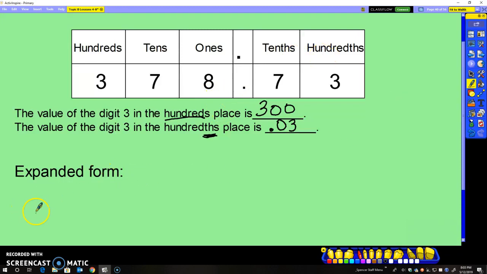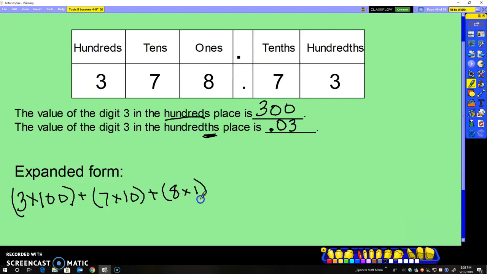We can see that with our expanded form. So I have 3 times 100, so there's my hundreds place. Then I'm adding on, next is my tens, so I have 7 times 10. My next place value is the ones, and there's 8 inside, so 8 times 1.